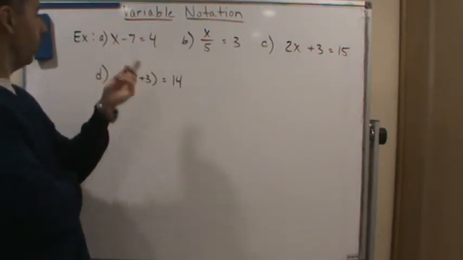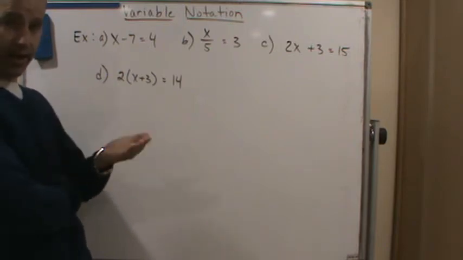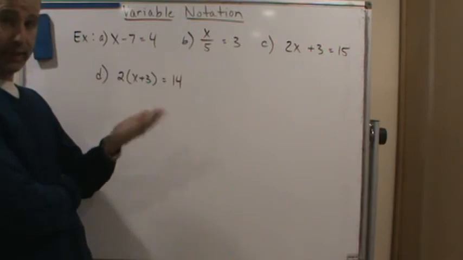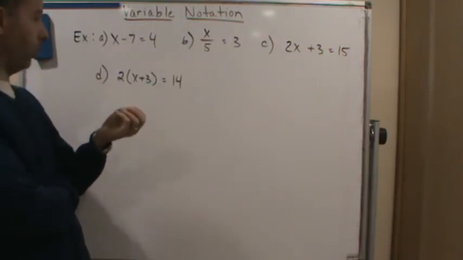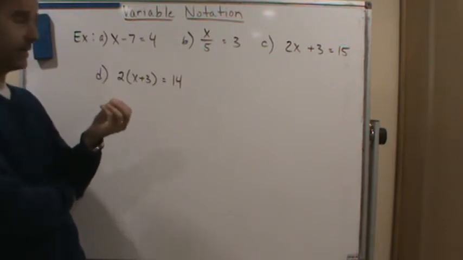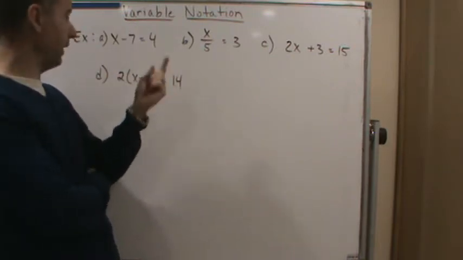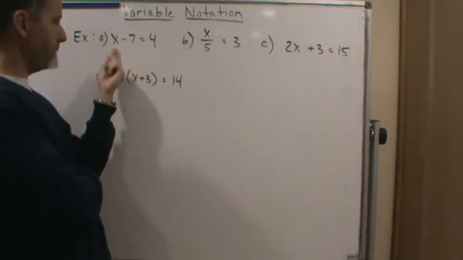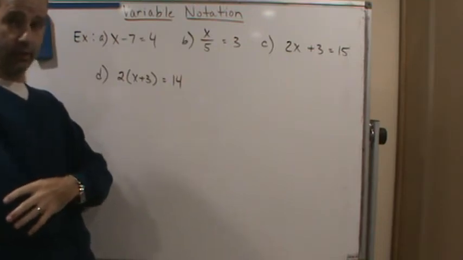Or another way to say it, I could say a number minus 7 will give me 4. But I think it's better to actually verbalize what's going on. If you subtract 7 from a number, that's going to give you 4.